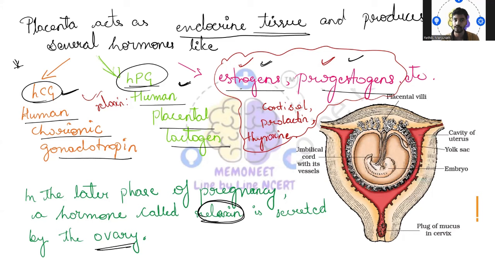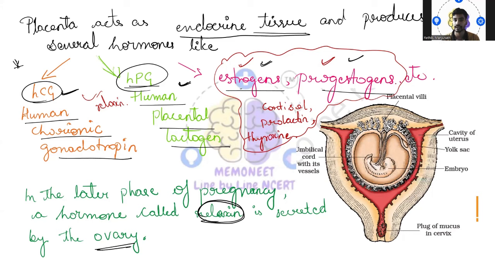These are very important things that we need to remember. Why are these hormones important? The quantity of estrogen, progesterone, cortisol, prolactin, and thyroxine is increased in the maternal blood during the pregnancy. Why is it very important? Because the increase is essential for supporting the embryonic development, for the metabolic changes in the mother, and to maintain the pregnancy.